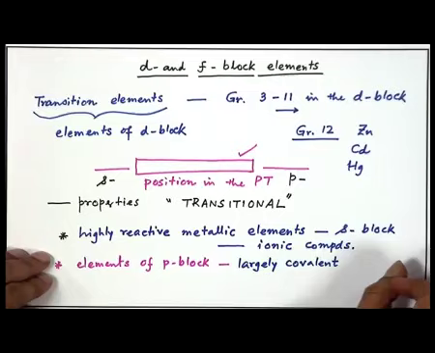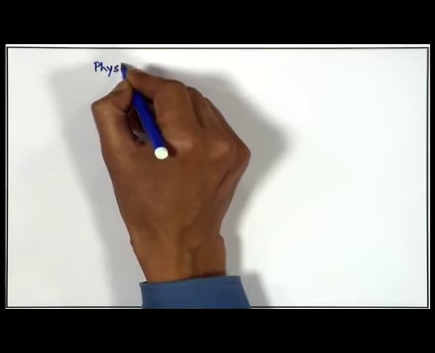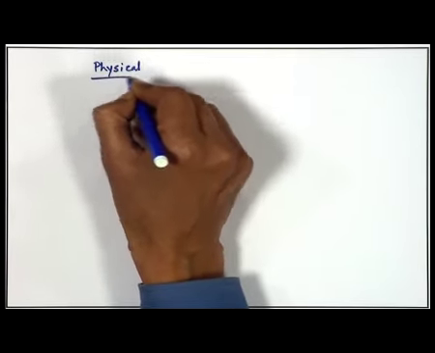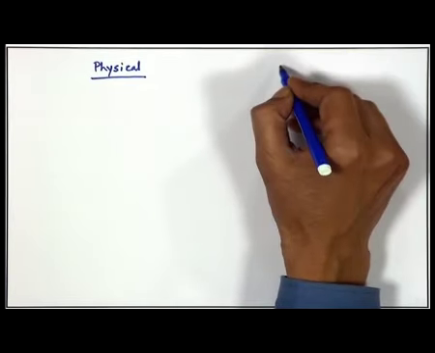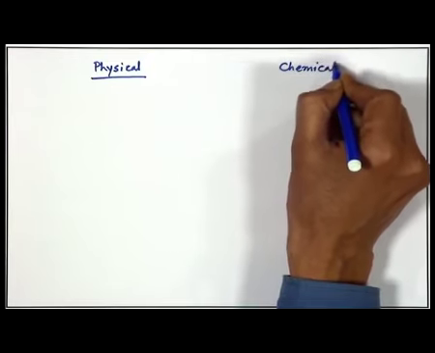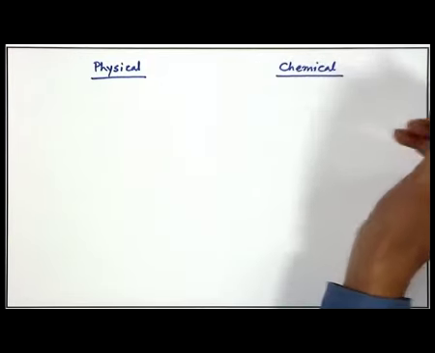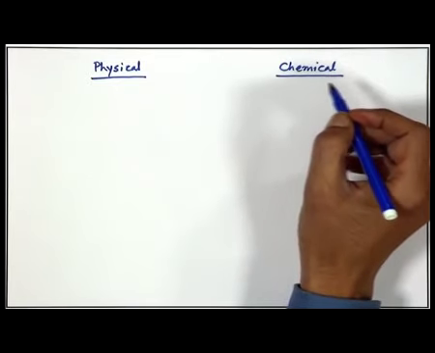What we will find now is that many of these properties, the two properties we mostly consider, are the physical properties and the chemical properties, since we are considering their properties in relation to S block and P block elements.